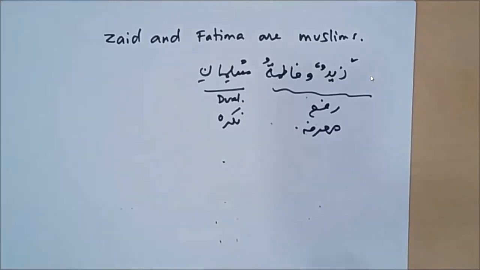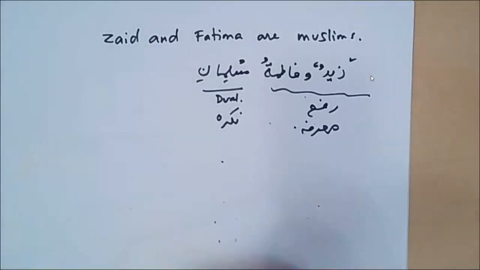Can you start with Fatima first? Then Fatima will be prominent? No, still the male will be the dominant one. And I'm sorry, it's not my rule. Please don't hate me for that. This is the rule of the Arabic language. Everybody clear on that? Yes.